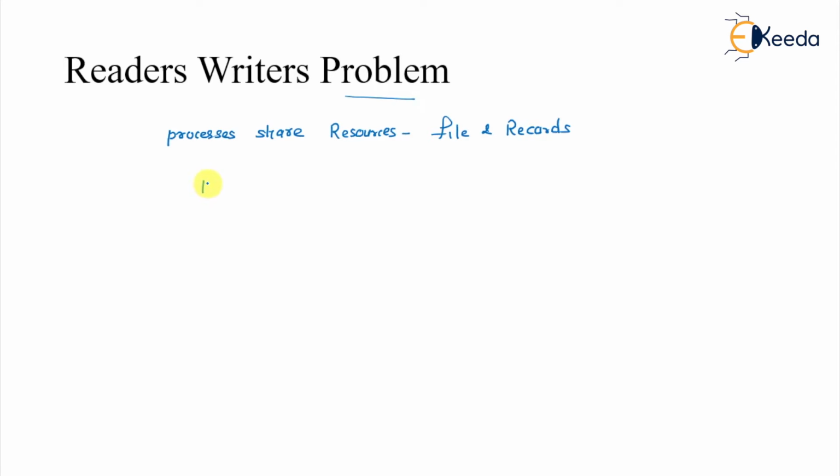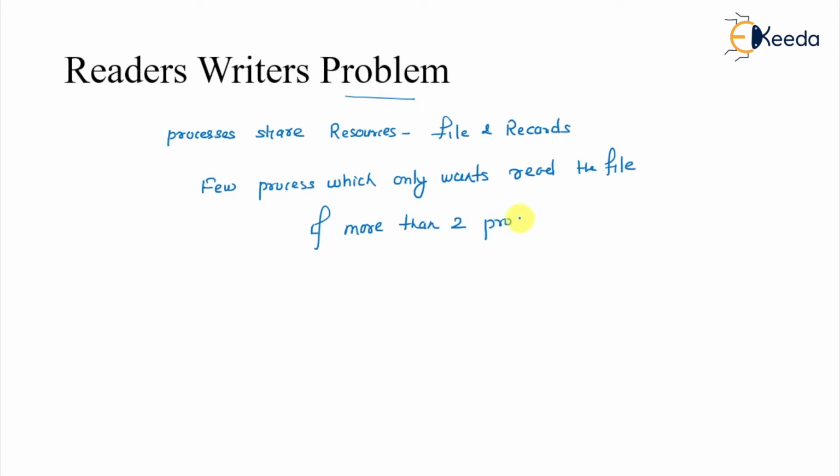There are a few processes which only want to read the file. If more than two processes are reading a file simultaneously, then it has no impact. It is okay, then it's allowed.